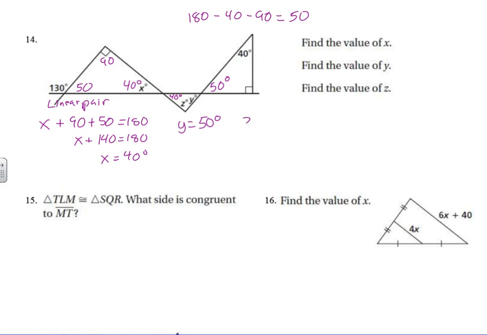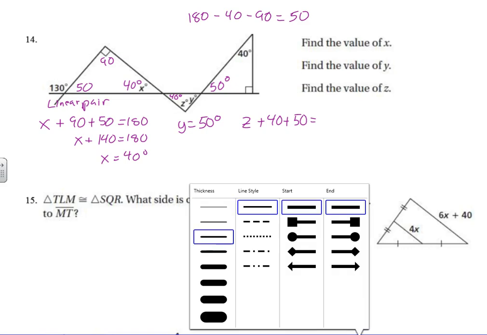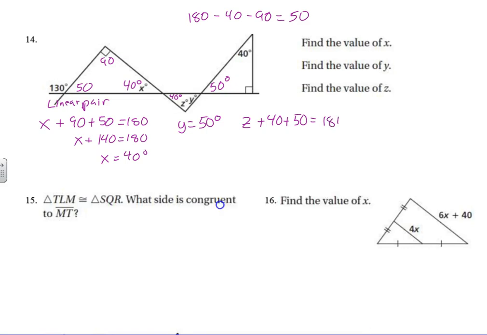Then z plus 40 plus 50 would equal 180, because that's a triangle. And so z plus 90 equals 180, so z equals 90. So we found x, we found y, we found z.